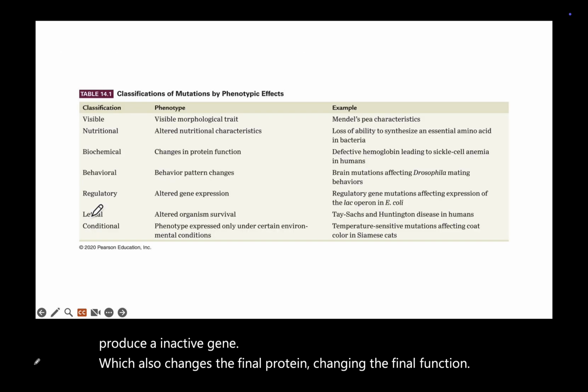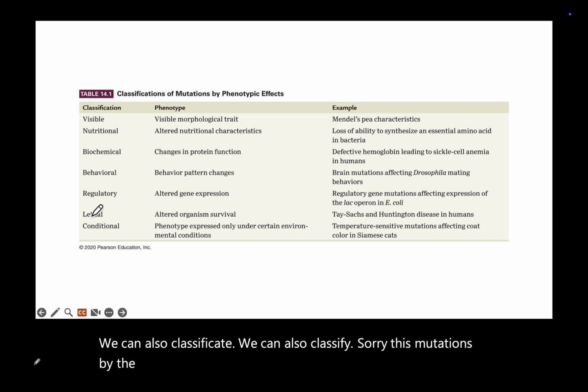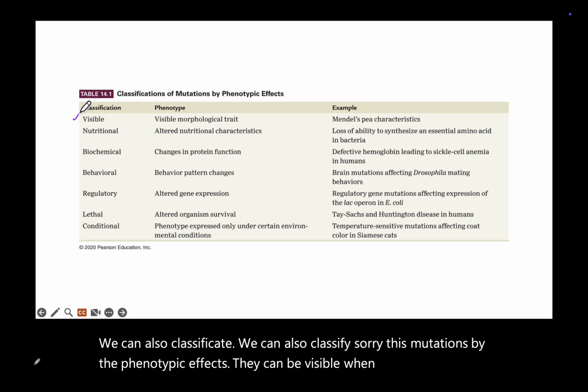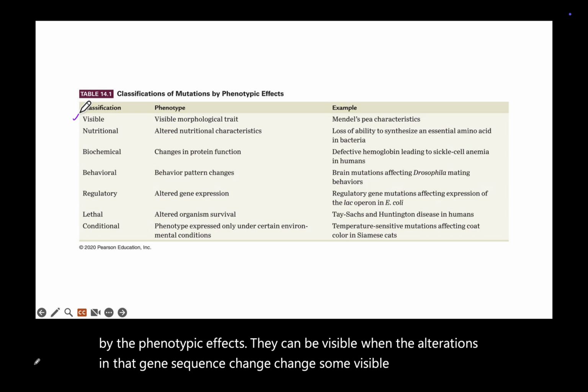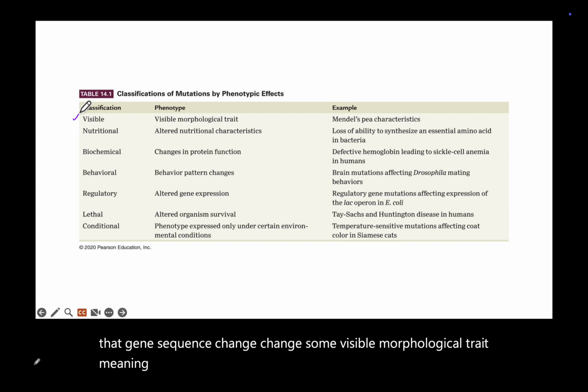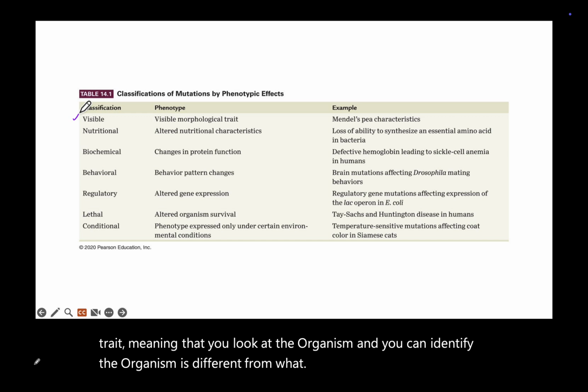We can also classify these mutations by the phenotypic effects. They can be visible when the alterations in that gene sequence change some visible morphological trait, meaning that you look at the organism and you can identify the organism is different from what you expected.